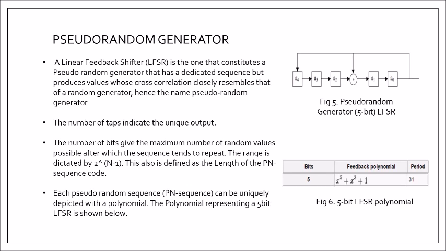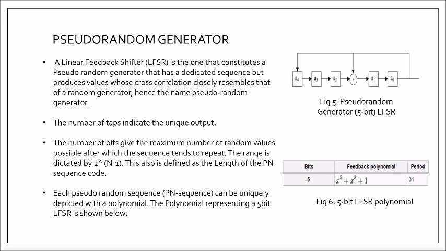The number of taps indicates the unique output. The number of bits gives the maximum number of random values possible, after which the sequence tends to repeat. The range is dictated by 2 power n minus 1. This is also defined as the length of the PN sequence code.